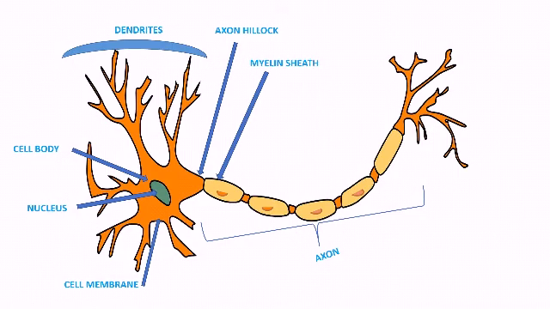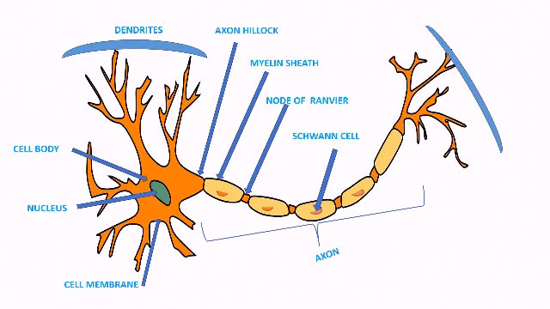Then between two myelin sheaths there is a node of Ranvier. And within the myelin sheath there is another part called the Schwann cell. Then the projection of the axon at the end of it is called the axon terminus.